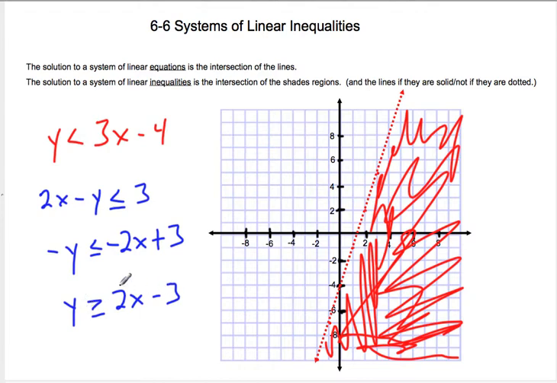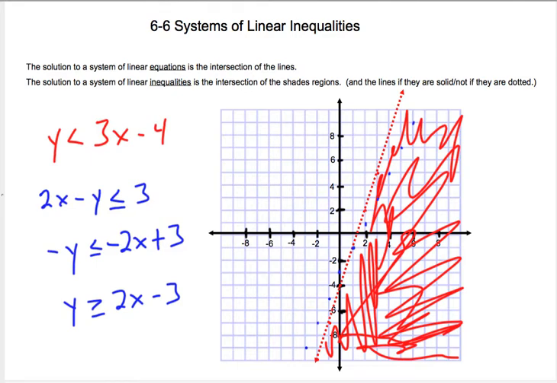So our new graph has an intercept at negative 3 here. And then it has a slope of 2, so up 2, right 1, up 2, right 1, and I'm just going to keep going. Okay, and then I'll go down 2, left 1, down 2, left 1, down 2, left 1. Alright, so let's make that.